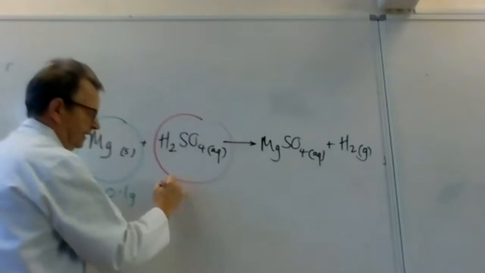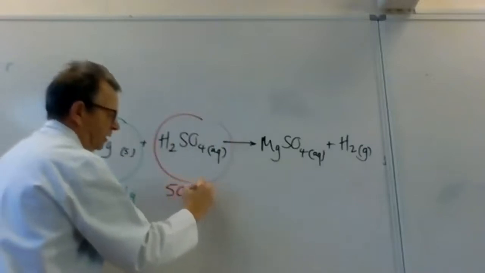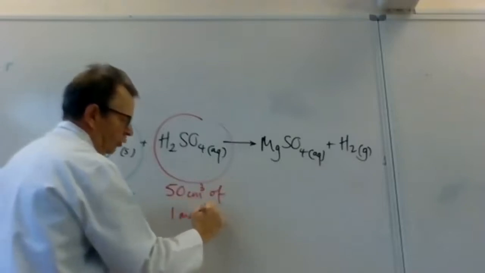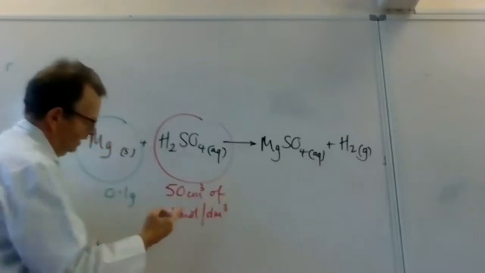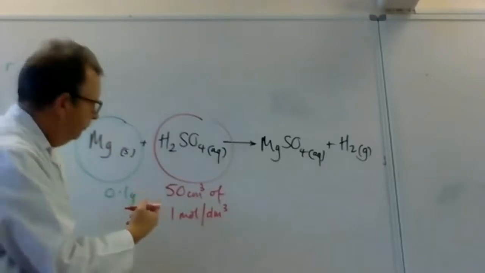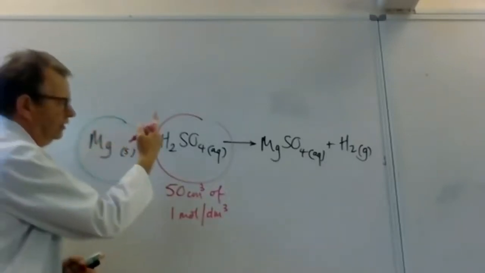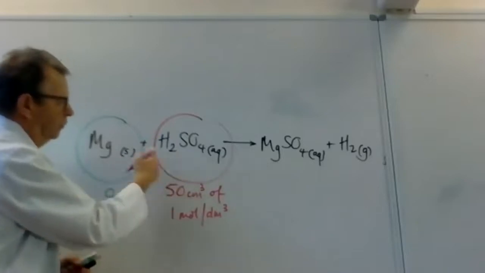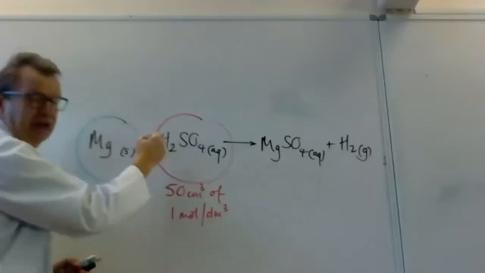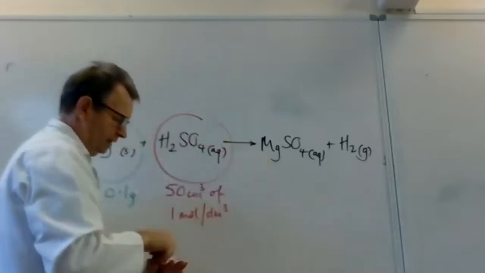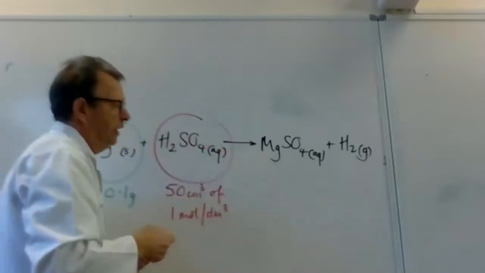In the sulfuric acid, I have 50 cubic centimeters of 1 mole per liter, or dm cubed. Is that more or less? Because in my equation it says 1 Mg reacts with 1 H2SO4. Otherwise it might say 2 here or something like that. And it's going to make one of these, and then it's going to make the hydrogen at the other end.